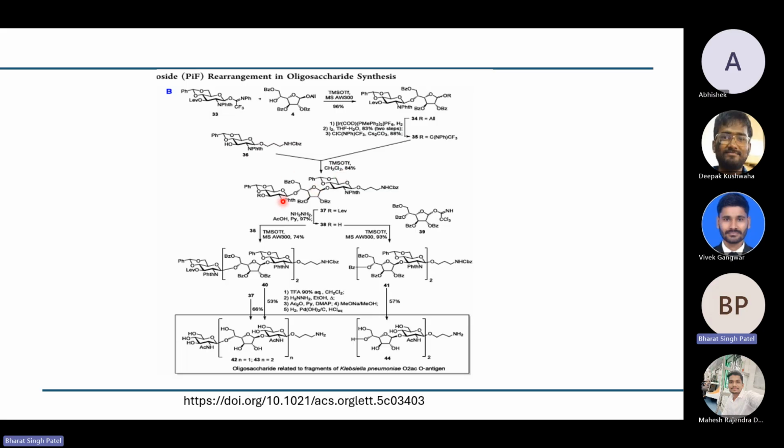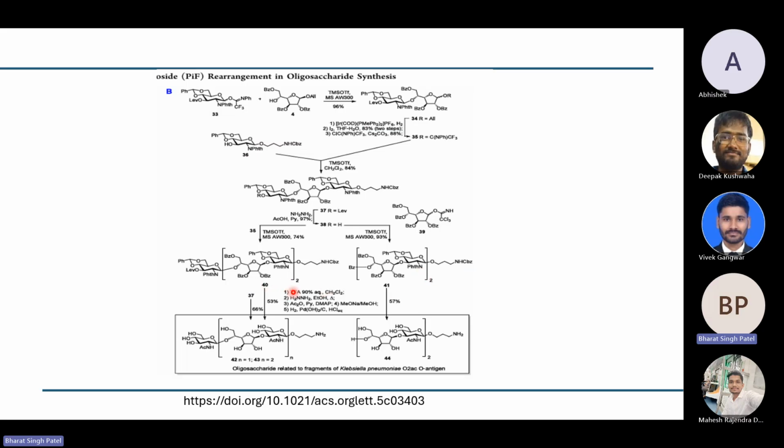So they got this trisaccharide acceptor where C3 was free. And again, this 35, this disaccharide donor, they took and did the glycosylation. They got the protected pentasaccharide. And on this side, they took this monosaccharide donor to get the trisaccharide with the linker attached.